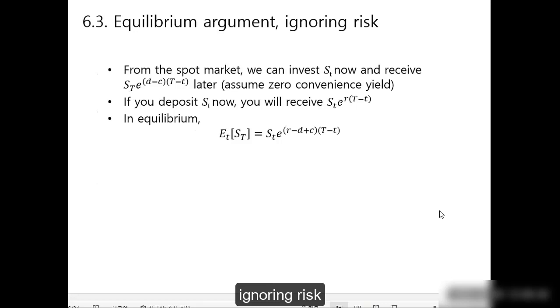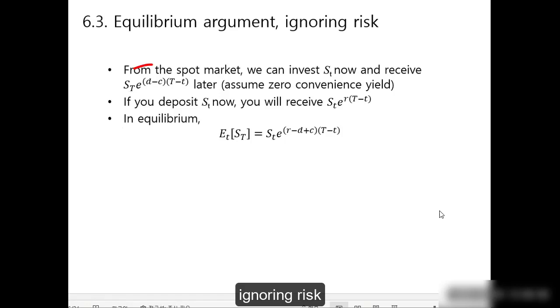We'll start with the idea of equilibrium, and we will make some comparison between a few different possibilities. So now let's start from investing in the spot market. If you buy something in the spot market and you pay S_t now, and you wait until time capital T, if there is dividend income and storage cost, you will get paid some extra.